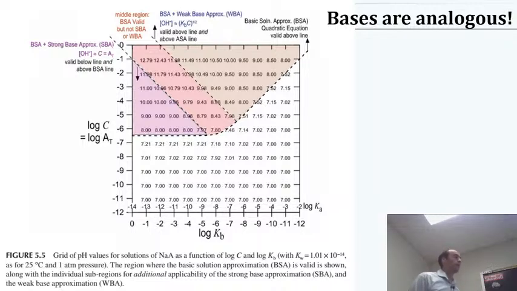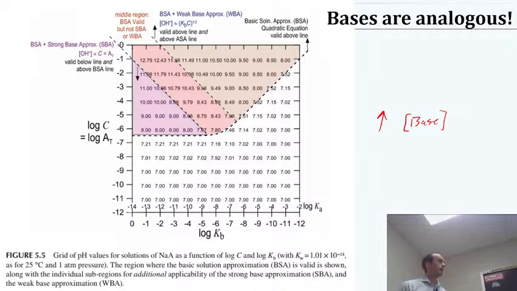So, speaking of bases, we can do the same thing here, except this time the y-axis would be base concentration, and the x-axis is log of the Kb, the base equilibrium constant.